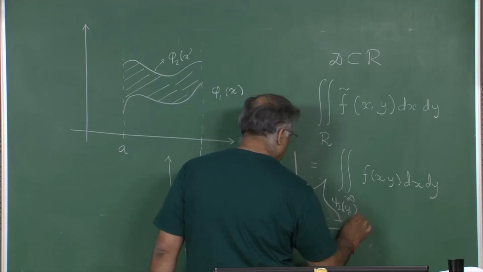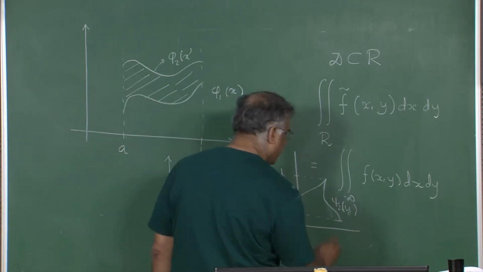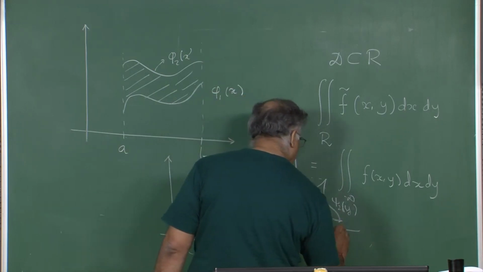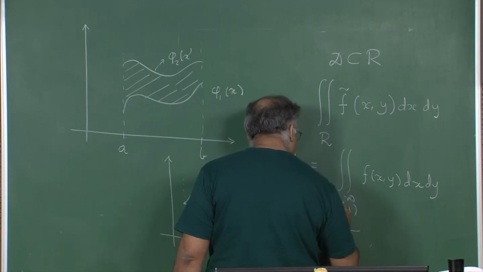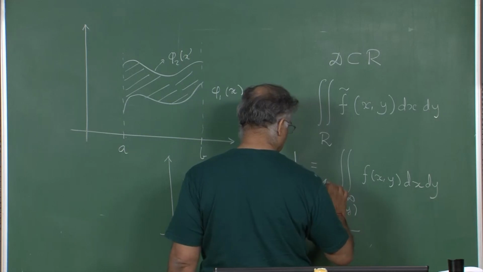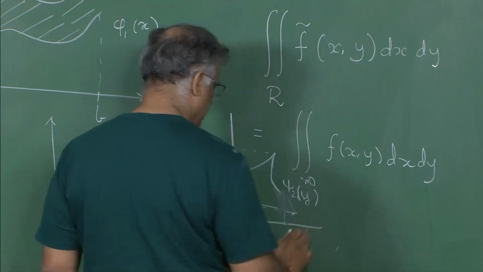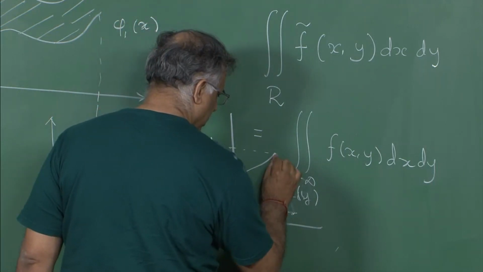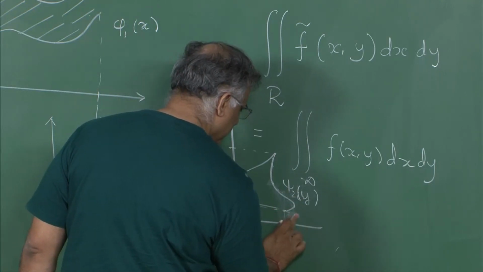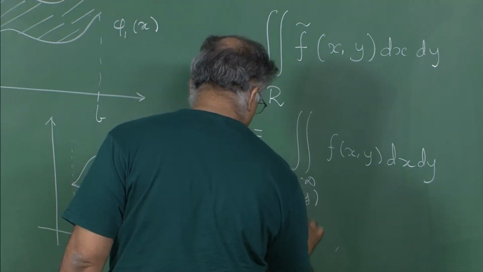Now, note, I cannot express this as a type 1 because I cannot express these curves as functions of x. If I take an x here in between this zone, say this is my AB zone, and I take an x here, it comes up to here as the maximum value.